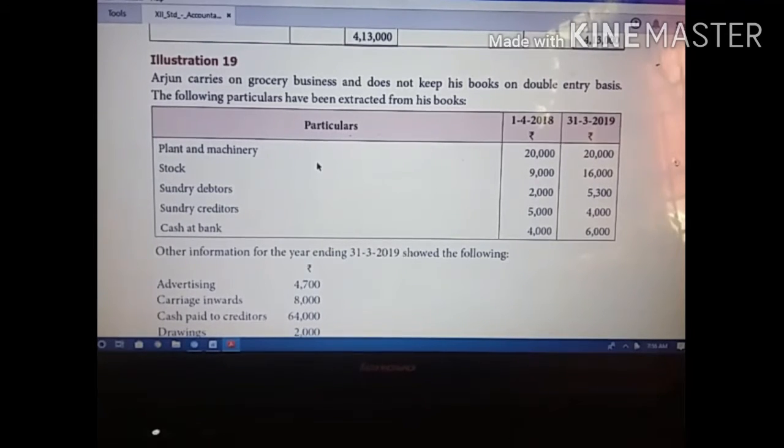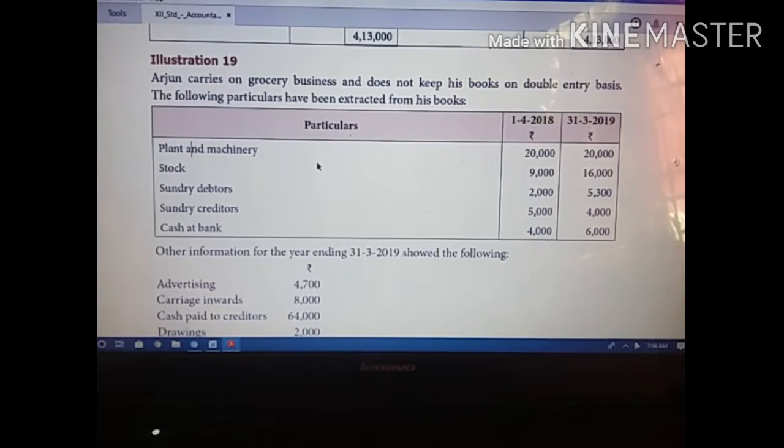If purchases and sales are missing, sometimes they give cash sales and cash purchases, and then we can easily prepare the trading account. If they are not given, it is very difficult to prepare a trading account.